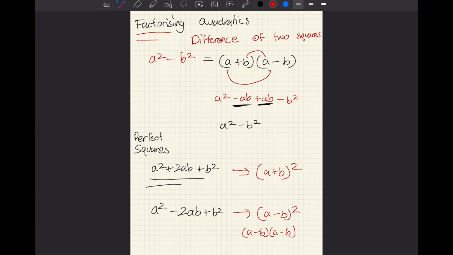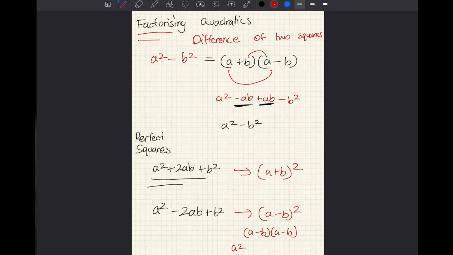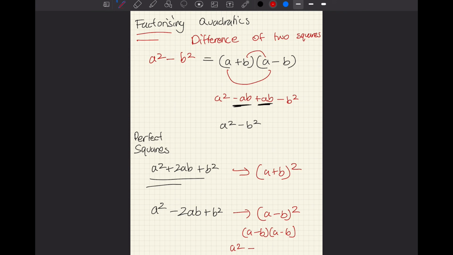A times a is a squared. A times minus b is minus ab. Minus b times a is minus ab. And b times b is plus b squared. So that is going to give us a squared minus 2ab plus b squared. Great.